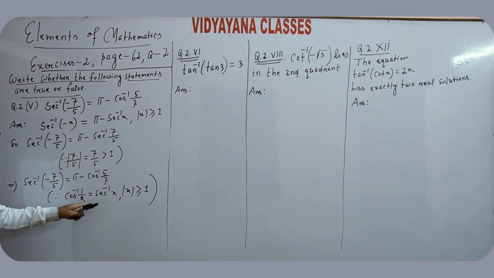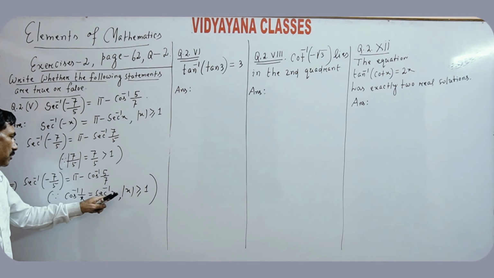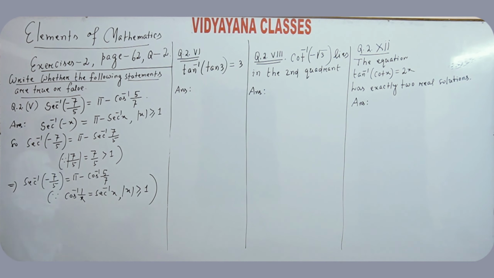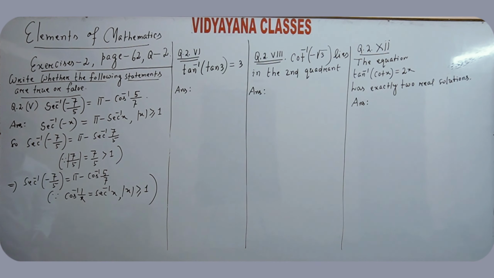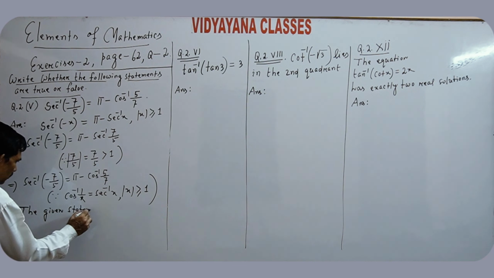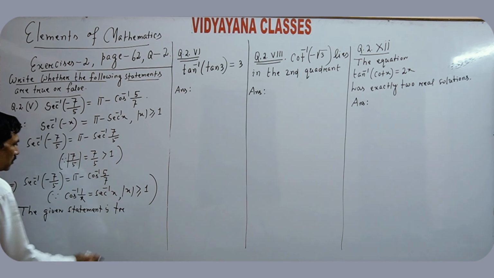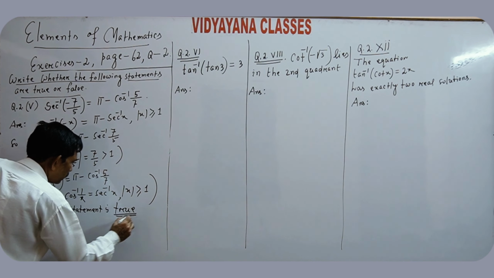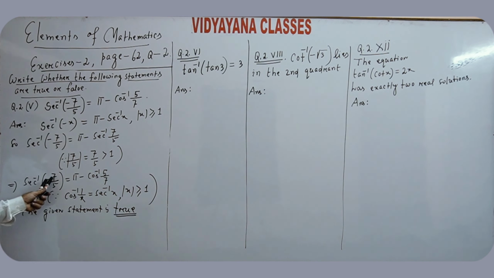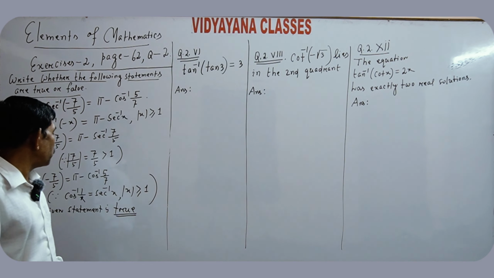Cos inverse 1 by x is equal to sec inverse x, where mod of x is greater than or equal to 1. Therefore, the given statement is true. Sec inverse minus 7 by 5 is equal to pi minus cos inverse 5 by 7. The given statement is true.